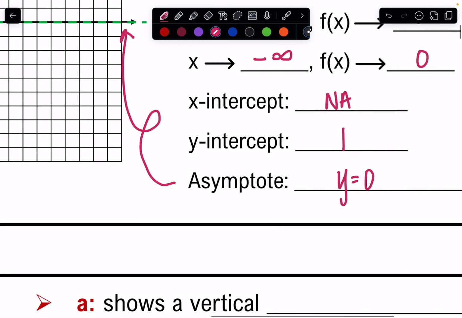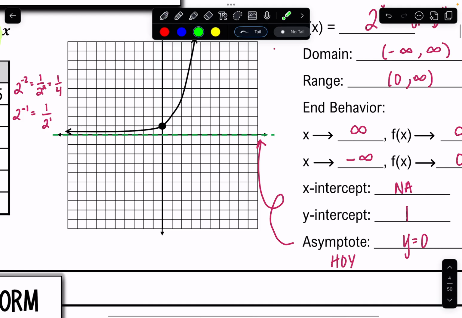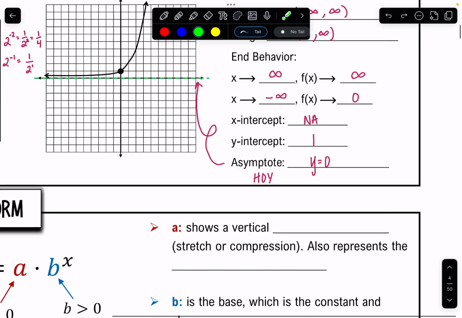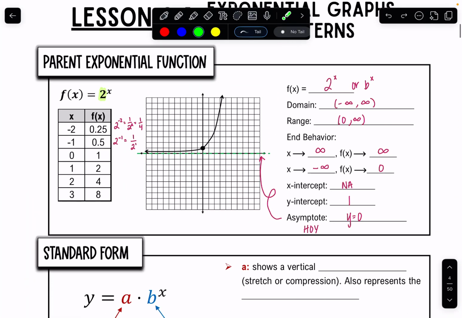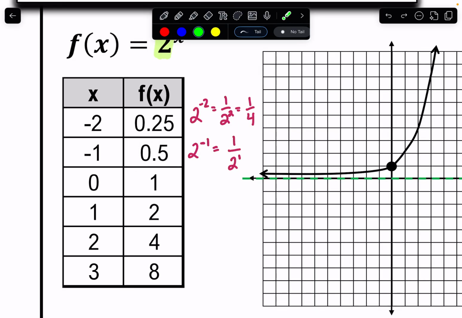So remember our phrase HOY. I've got a horizontal line. When I've got no slope, we write that as y equals. So it goes through 0 on the x-axis, so y is equal to 0. Okay, so that's a little bit about my exponential function. Again, even when I am plugging in negative numbers for x, I don't get a negative number for y, I just get a smaller fraction.